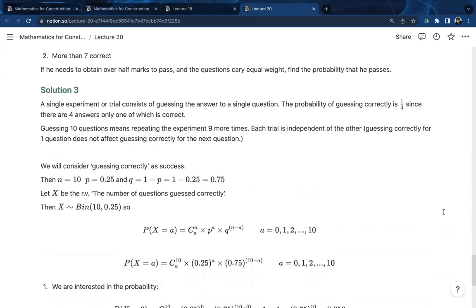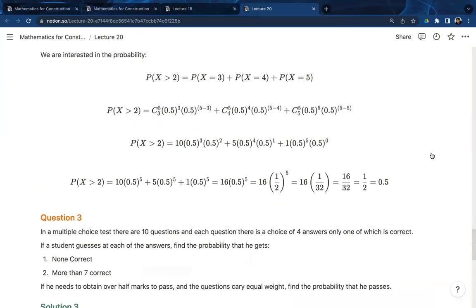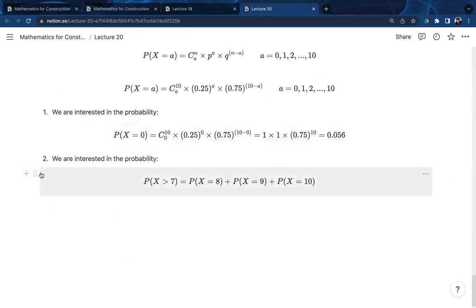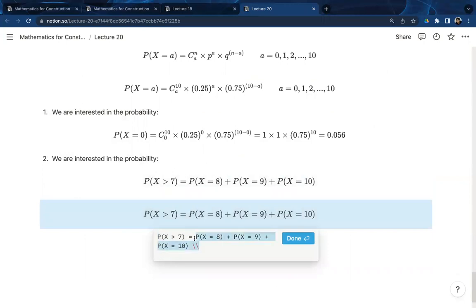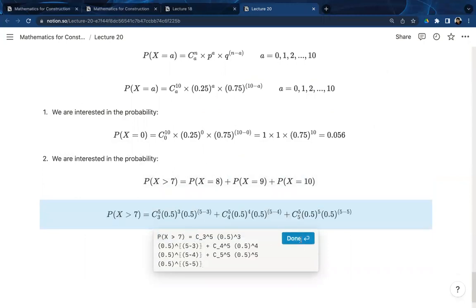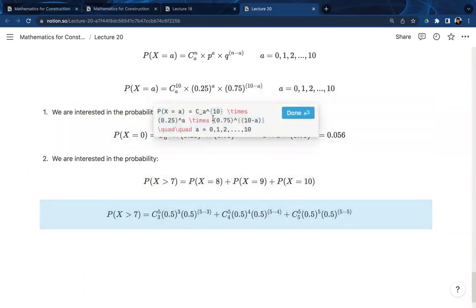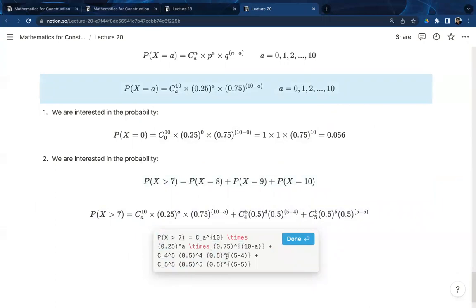So more than 7, the probability is this probability here. I took out the times.